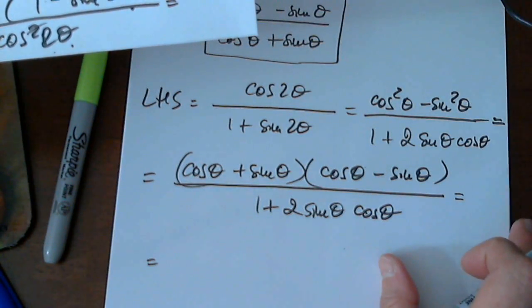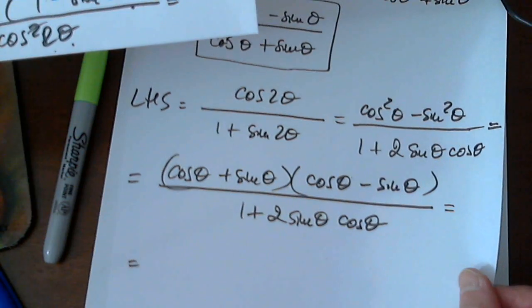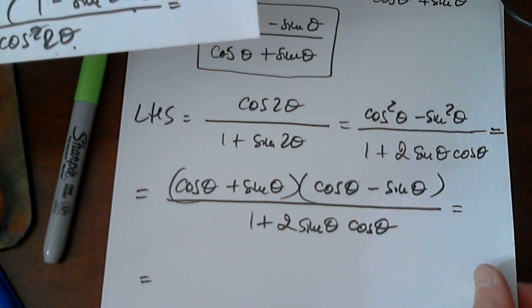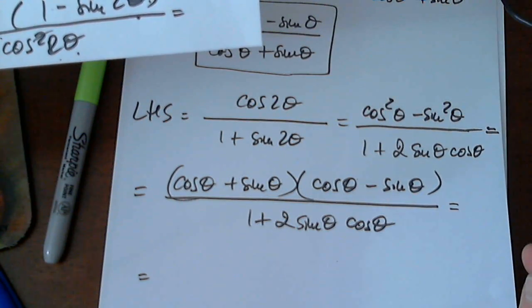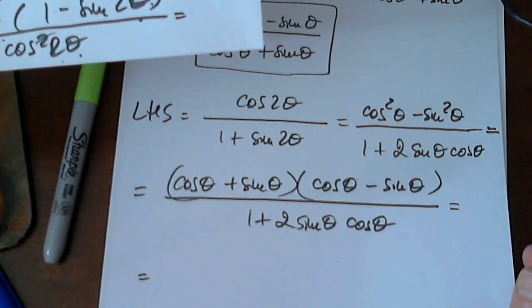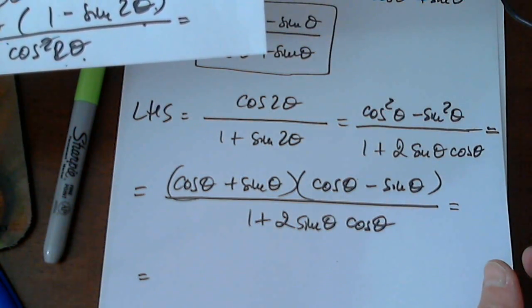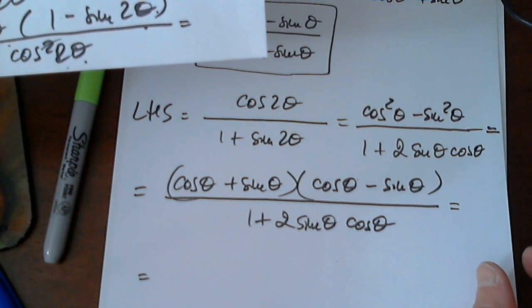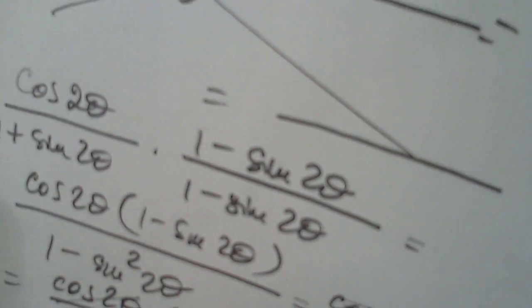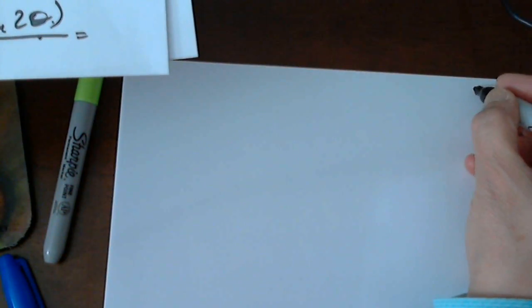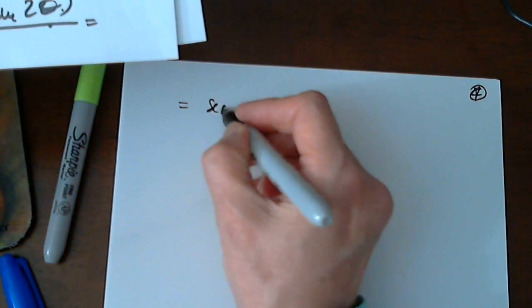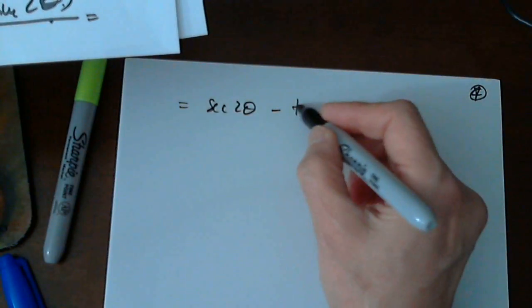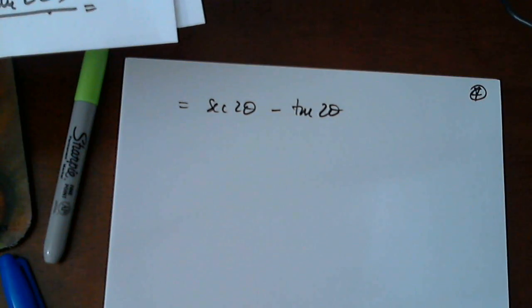So it was secant 2 theta minus tangent 2 theta.